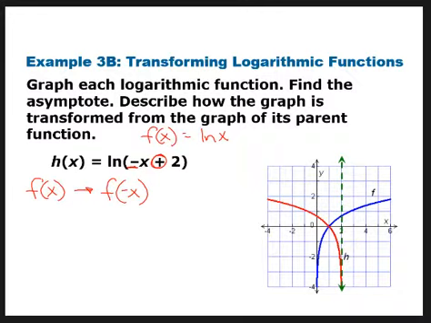Now, the other thing to keep in mind is you do see what looks like a +2 up here, which normally you would think means that I'm shifting my graph 2 units to the left. But again, because this negative is in here, originally it started out as x minus 2.